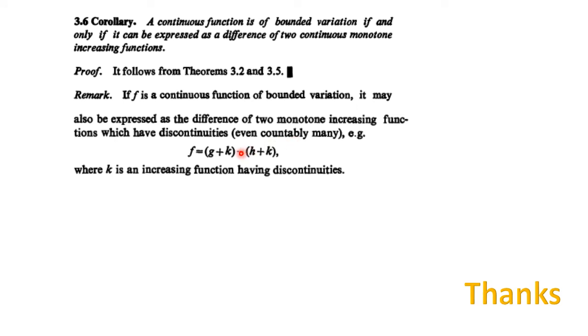But we may also express the function as the difference of two monotone increasing functions which have discontinuities, even countably many. For example, if f is g minus h, we can add and subtract a function k which is increasing and which has discontinuities. Then again g plus k is monotonic increasing and having discontinuity, and h plus k is monotonic increasing with discontinuity, right?